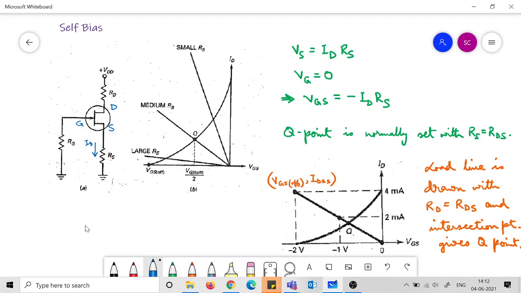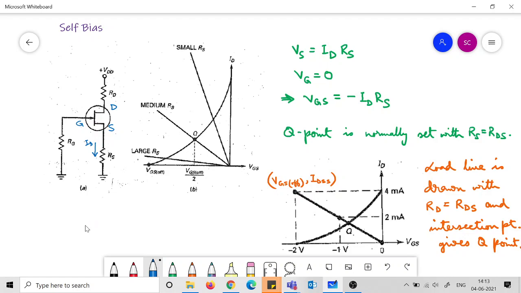IDSS value is always given to you from the data sheet. RDS you can calculate, and your RS is a resistance that you are putting here in the self bias configuration. You make it equal to RDS. Normally we are setting it like this.